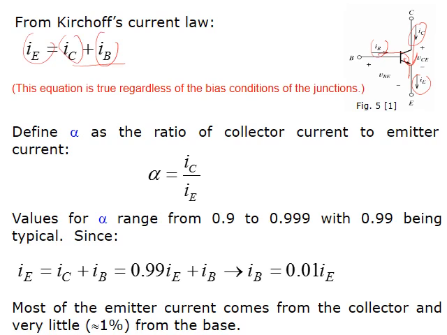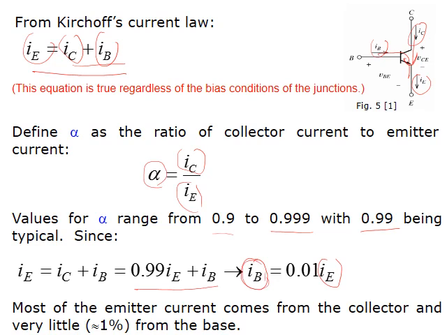So if I divide I collector over I emitter, I come up with a parameter I call alpha, which is the ratio between current in the collector and current in the emitter. Usually alpha is in the range of 0.1, never reaching 1, like 0.999, 0.99, and so on. So if I substitute in the previous equation and simplify, I get I base with respect to I emitter, which is very small.